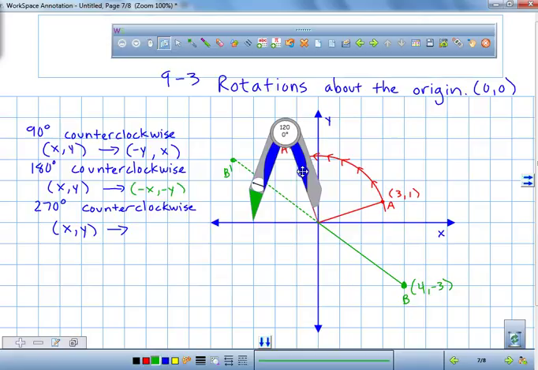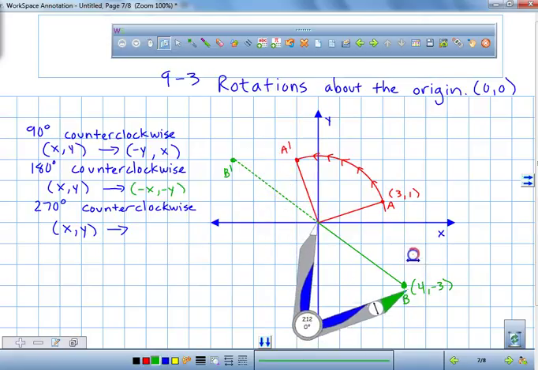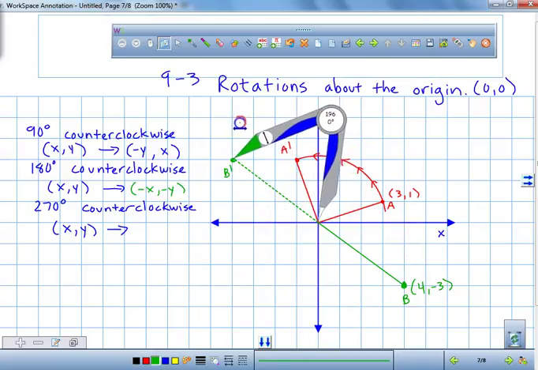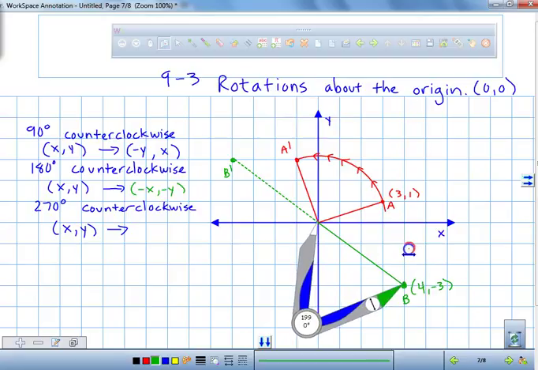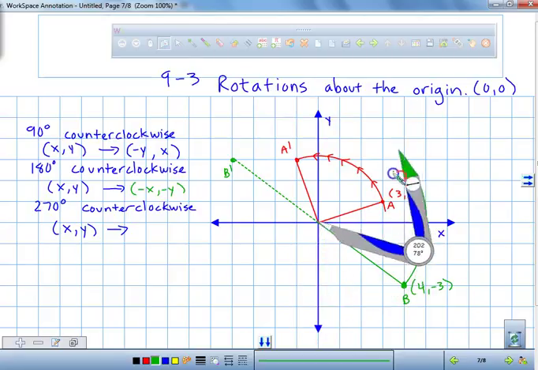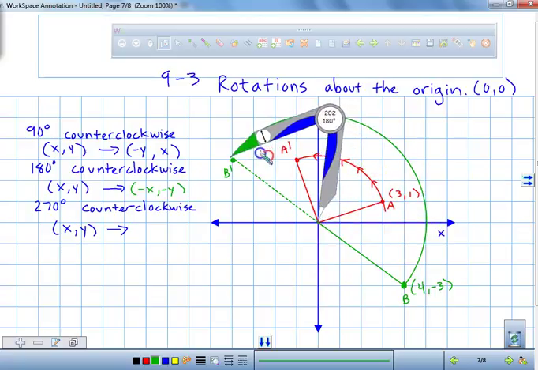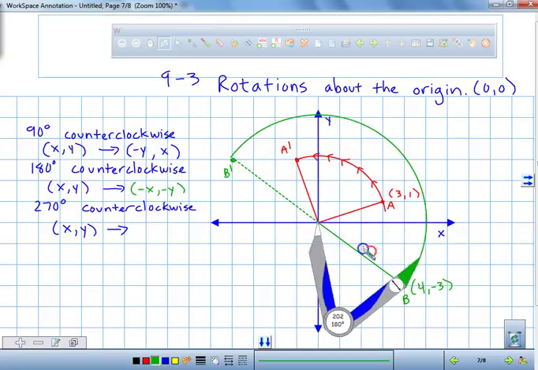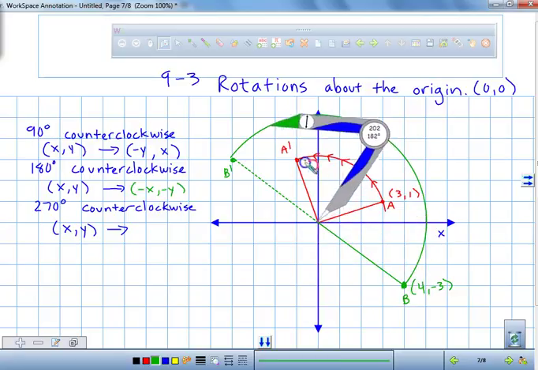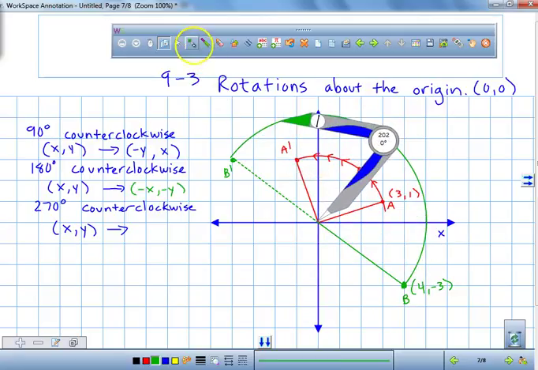But from here, if I stretch this out right from here to right there, almost. That's just human error. But can you guys see how that turned how many degrees? 180.